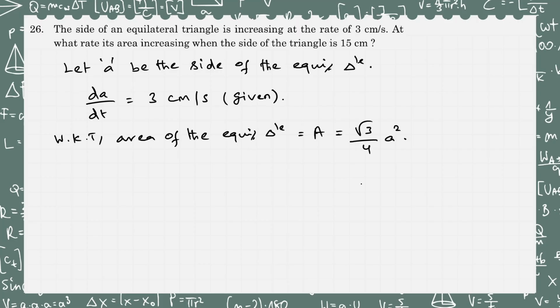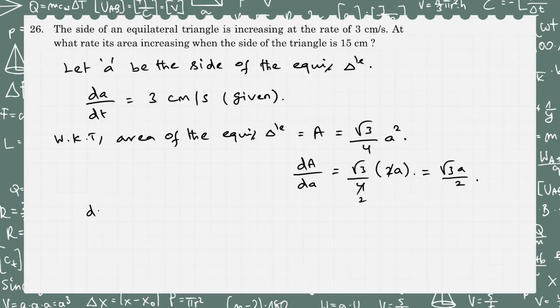It's a formula, right? Now we can only differentiate with respect to small a only. So dA by da will be root 3 by 4 into a square's derivative is 2a. And we can cancel this 2 and this 4. So we get root 3a divided by 2.